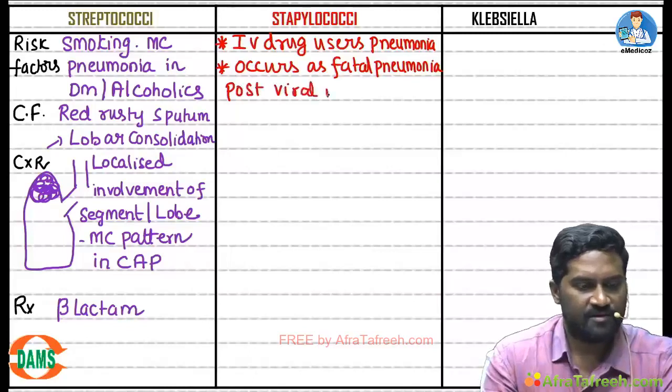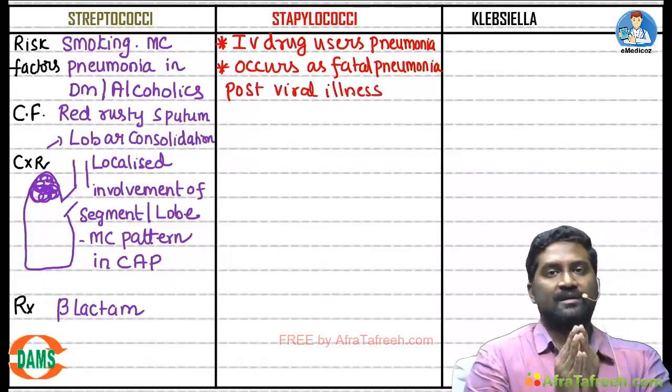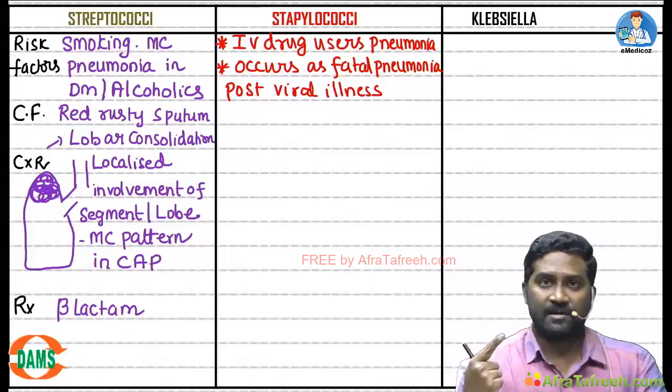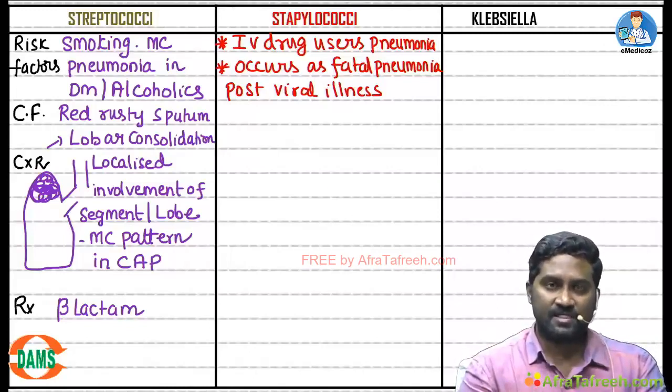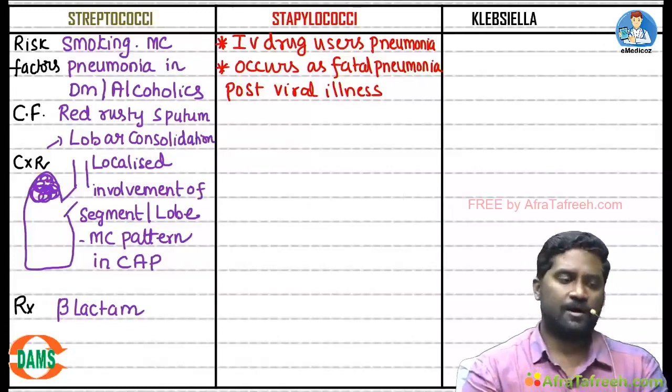If they mention in the question, this patient recently recovered from a viral illness, now he has developed a bacterial pneumonia that resulted in death of the patient, what might be the bacterial pneumonia? Your answer should be staph pneumonia.